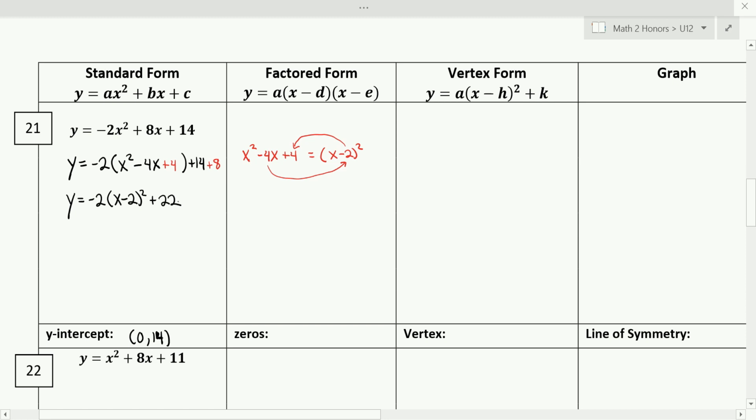So y equals negative 2 times x minus 2 quantity squared plus 22. How'd you do? Any questions on where things came from? You didn't get that? Plus 18.